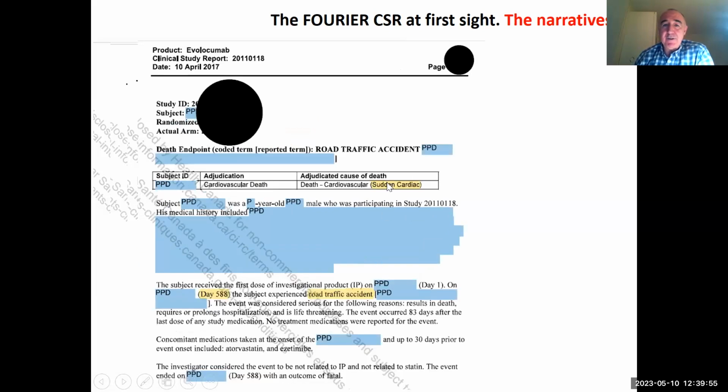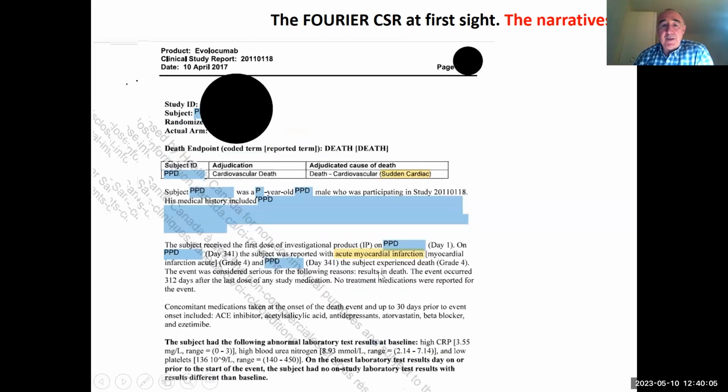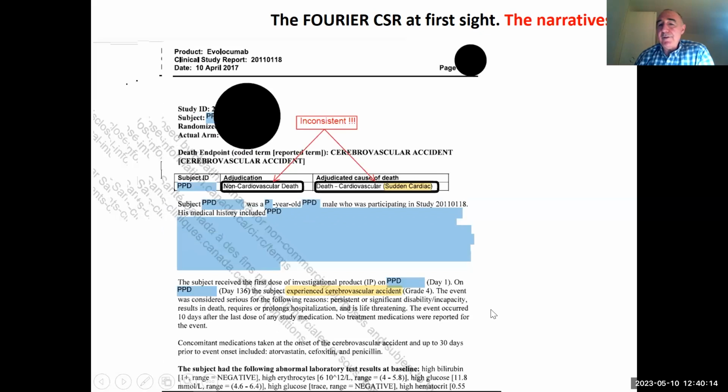This is a case of a patient who died in a road traffic accident that was adjudicated as a sudden cardiac death. The case of another myocardial infarction adjudicated as sudden cardiac death. So more and more, we could see there were so many cases that were inconsistent.